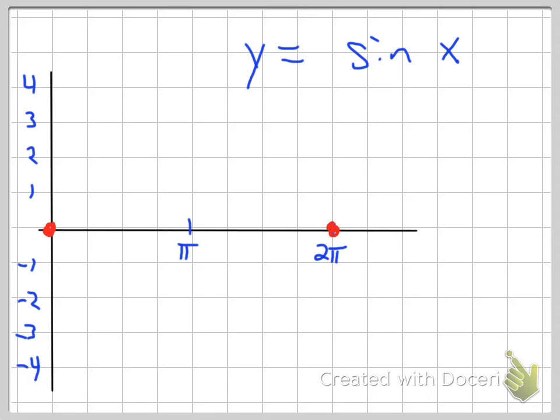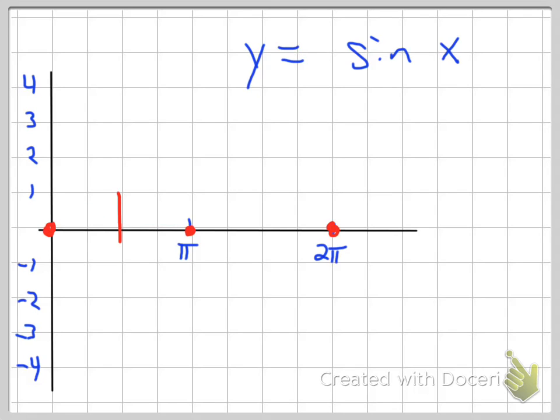Which means that in that amount of time, it went up, it went back down, crossed the midline, it went to its lowest point, and got back to 2 pi. So right in the middle of those 2 points, I have another point. That's on the midline, and that's where it crosses the midline again. Now, in between these 2 points here is where it's going to meet its highest point.